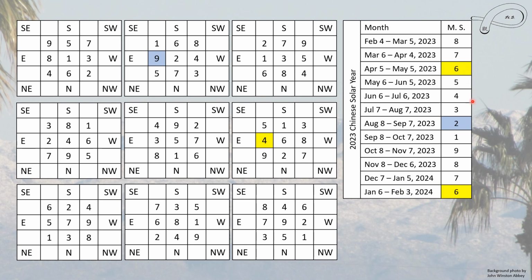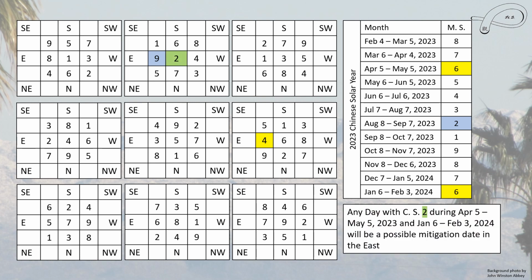So these are the months that we have to look at in more detail. So any day during these 2 months, April through May and January to right before we enter period 9, any day that has a star 2 in the center will have a star 9, and you will have this star 4, and you will have a date that you can mitigate.